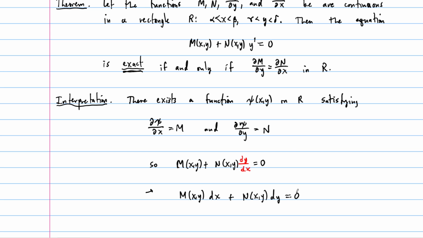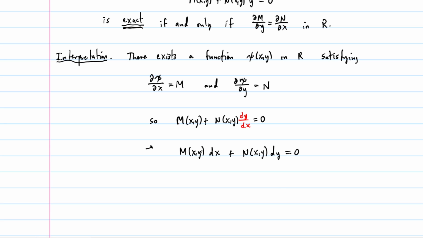dy equals 0. And again, the left-hand side, if we have this relationship, which is what the theorem is telling us about, then we can rewrite this entire equation as the partial of c with respect to x times dx plus the partial of c with respect to y times dy, equals 0.